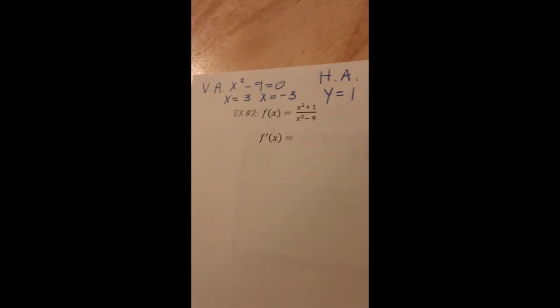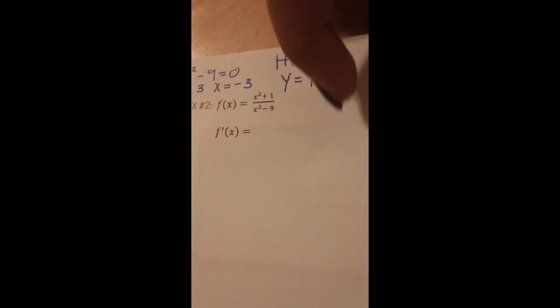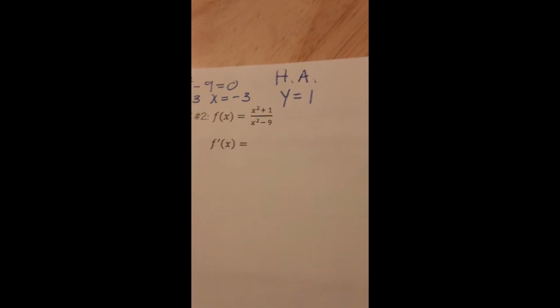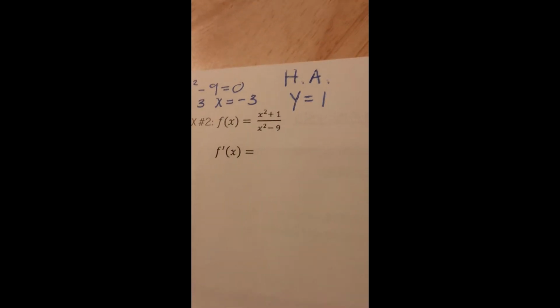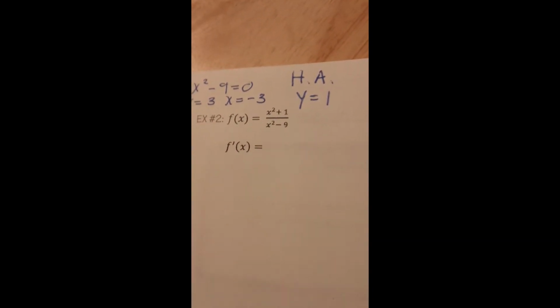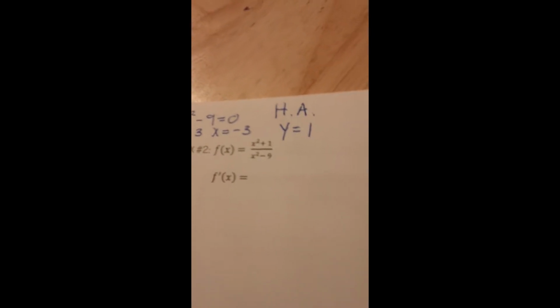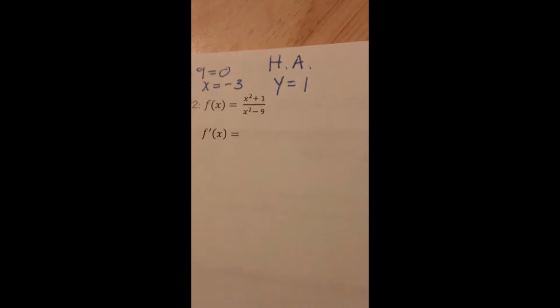The domain will be everything except these two values, and the range will be, I'm assuming, since we haven't done all the work yet, from below this value up to here, and then from this value above it. We will have a y-intercept if we substitute in our zeros for x's. We'll have a y-intercept of negative 1/9, so let's make sure we label that one.